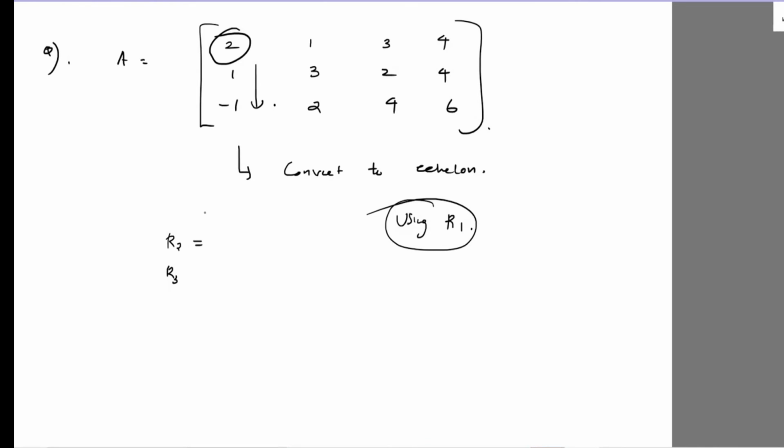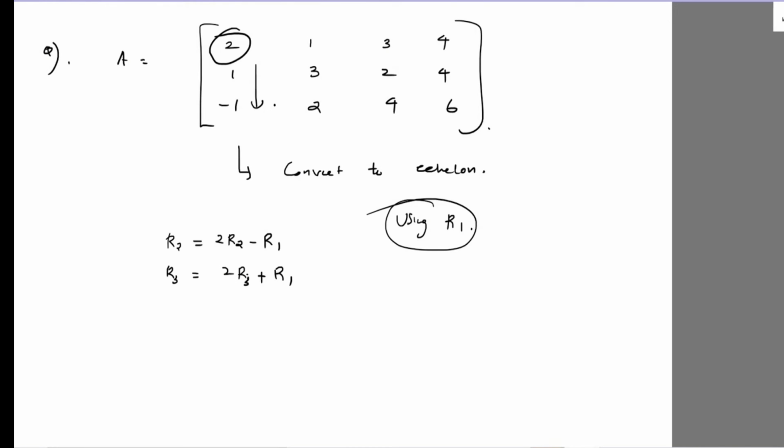R2 changes to 2R2 minus R1. So we multiply the second row by 2, and then subtract the first row from the second row. That will make this one 0. And the next operation will be R3 equal to 2R3 plus R1. So we are using only R1 to make that element 0.